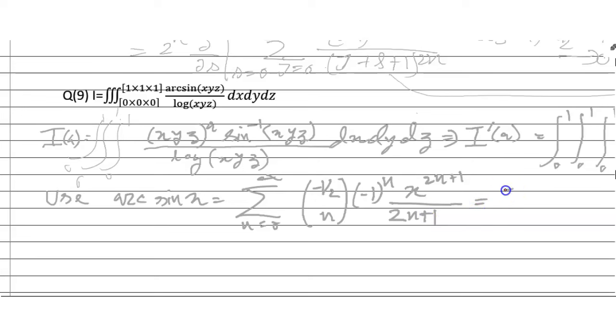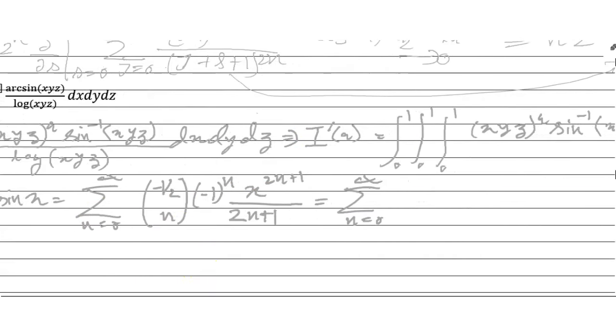It can be written this way: summation n equals 0 to infinity, combination coefficient 2k c k divided by 4 to the power k into 2k plus 1, into x to the power 2k plus 1.